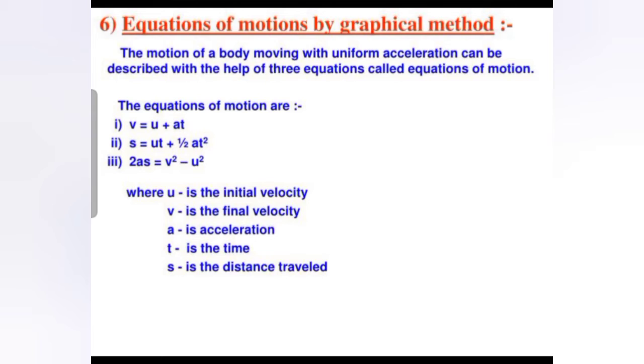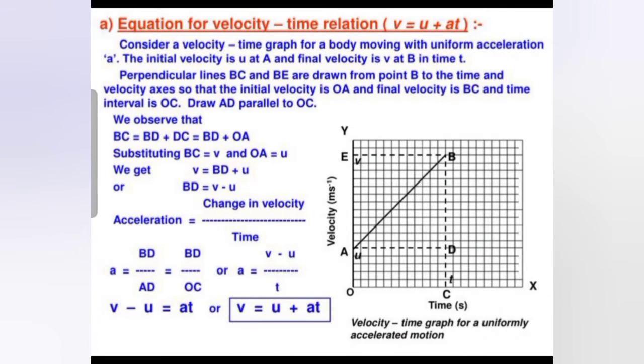Now we will discuss the first equation, for the velocity time relation. Consider the velocity time graph of an object that moves under uniform acceleration, as shown in the figure. First we will discuss the equation for the velocity time relation, that is v = u + at, where u and v are the initial and final velocity, a is the acceleration and t is the time.